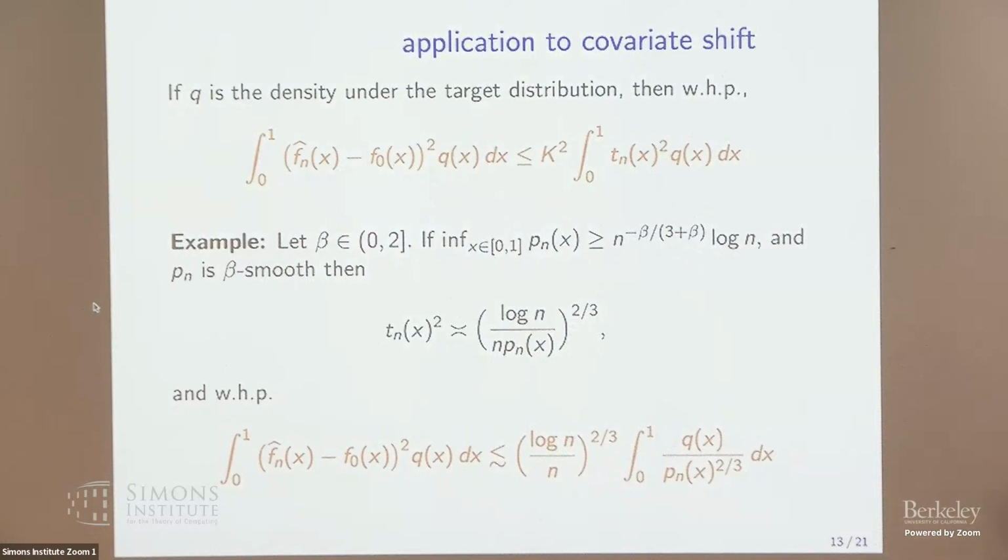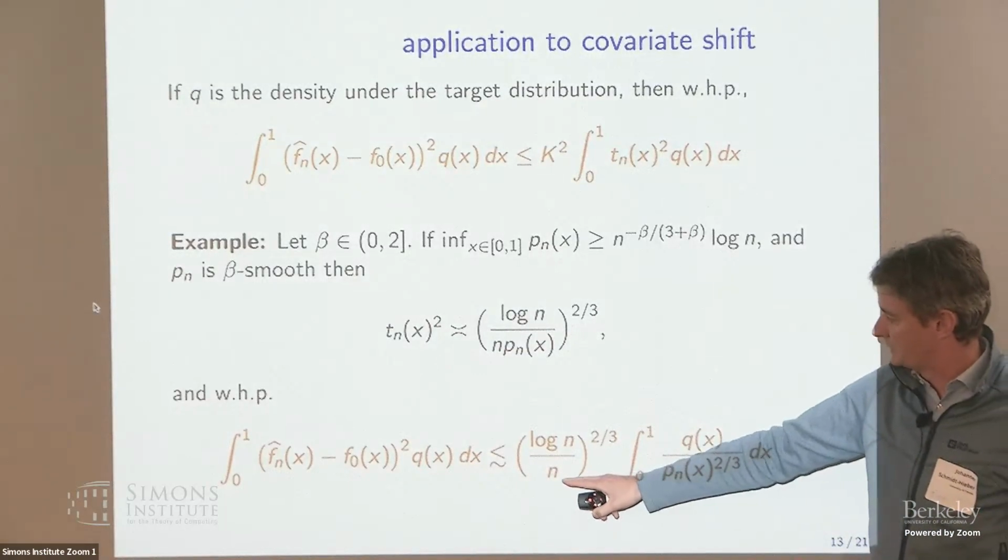So if the densities have to be bounded away from 0 by the sequence n to the minus beta over 3 plus beta, then one can show that this local rate squared is log n over n times pn of x to the 2/3. If we stick that into this first displayed inequality, then we see that the prediction error under the target distribution is given by the right-hand side. So you see that in this case it will deteriorate.